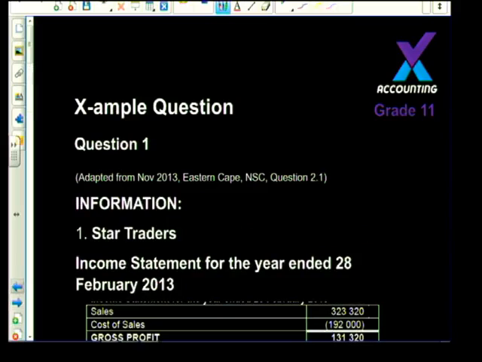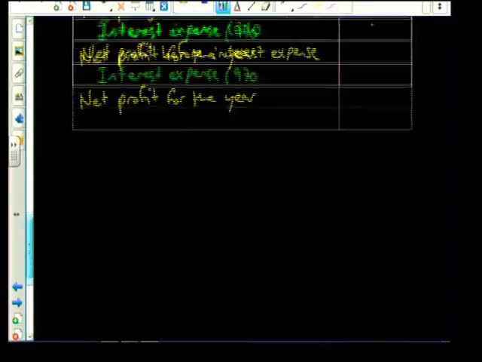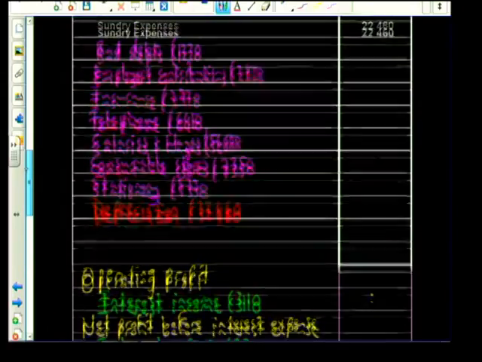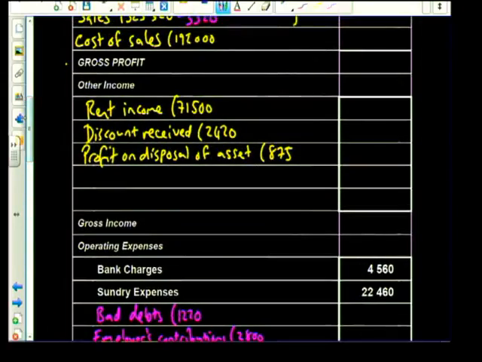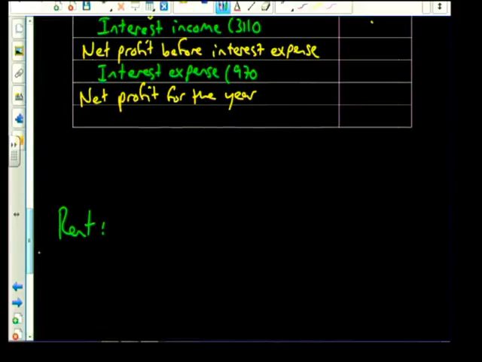So what we need to do is calculate what 12 months rent would be. To calculate the rent, we're going to take the figure that we have, which is 71,500.